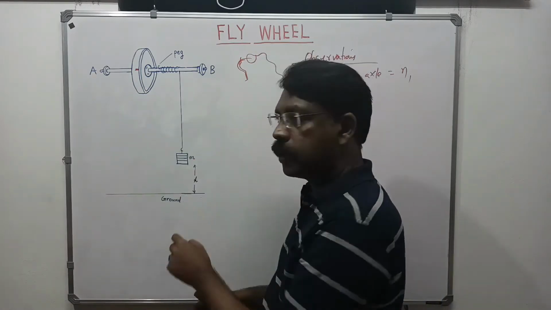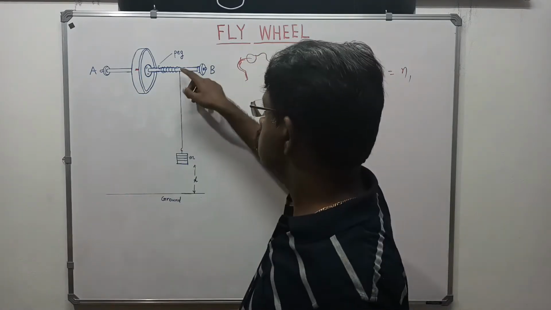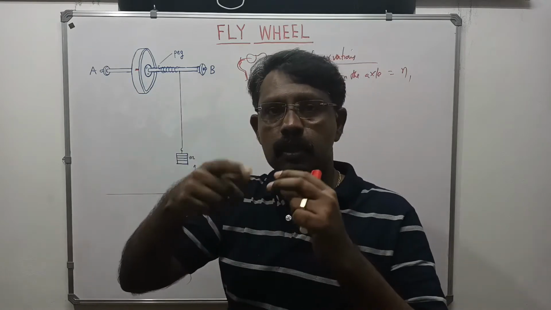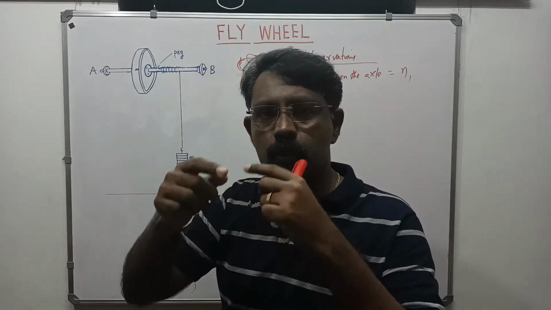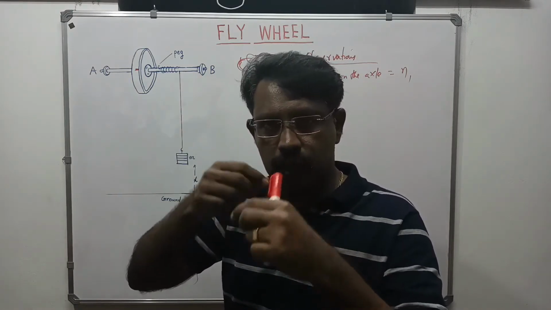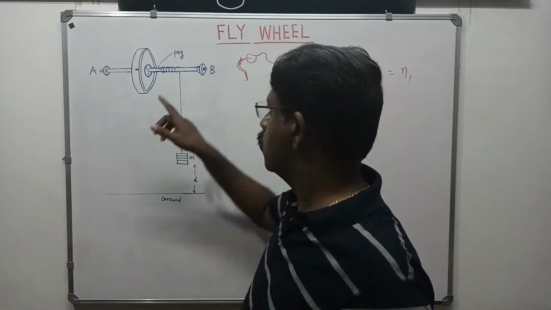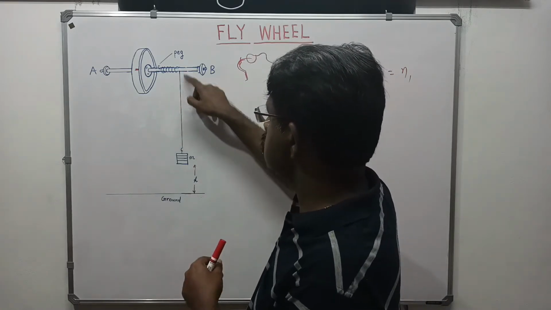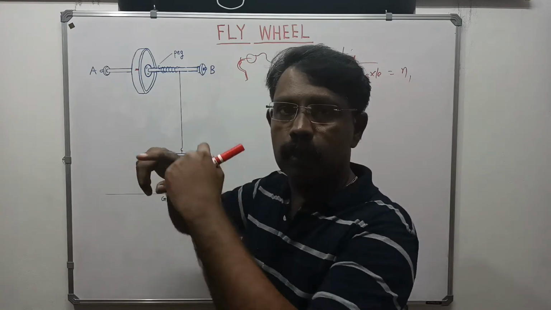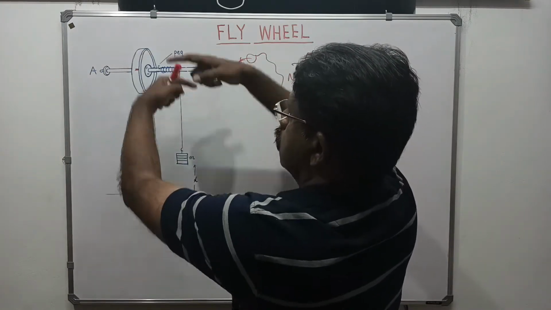So what will happen when the mass is coming down? This string or cord will unwind. Okay, it will be unwound, it will come off. So when this is happening, what will happen to the flywheel? The flywheel will rotate.